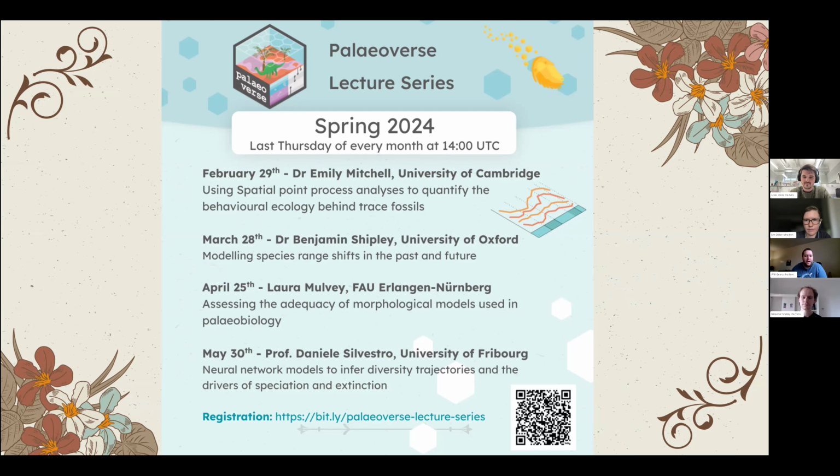Just quickly point out a couple of useful Zoom controls. At the bottom of your screen, you should see a Q&A button. You can use this to submit questions to the speaker at any time over the course of the talk. During the Q&A session at the end, we'll then read out your question or invite you to turn on your microphone if you'd like to ask the speaker directly. You can also use the raise hand button.